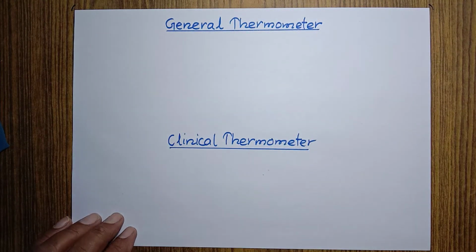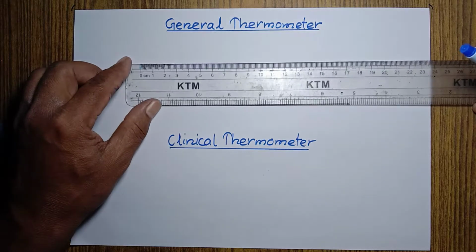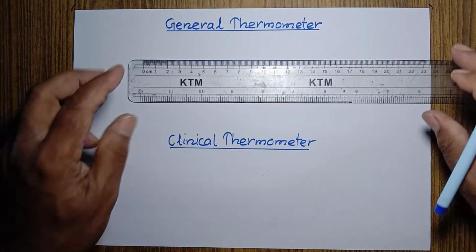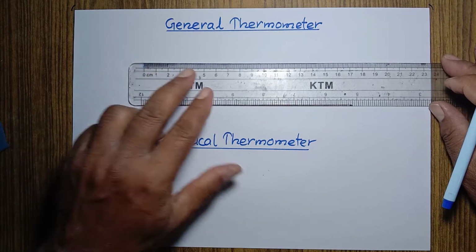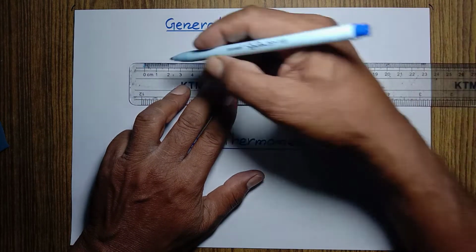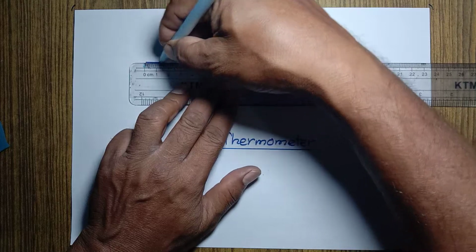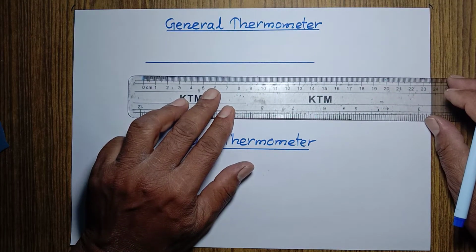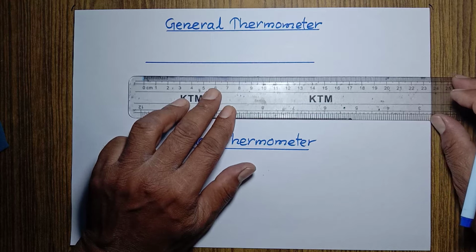Okay, let's start. Now in the general thermometer, we'll first draw the stem, like this.